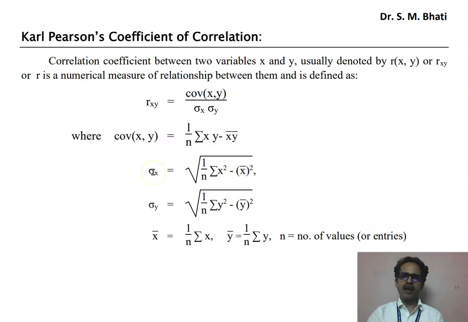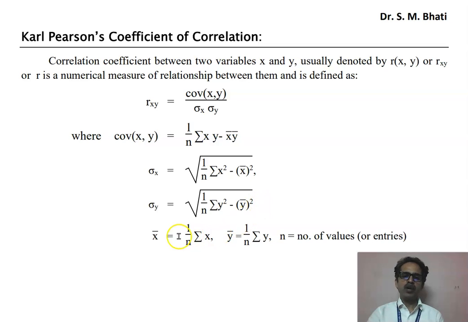Sigma x is the standard deviation of x, and it has the value under root of 1 upon n summation x square minus x bar whole square. Sigma y stands for the standard deviation of y, and the formula is sigma y is equal to under root of 1 upon n summation y square minus y bar whole square.